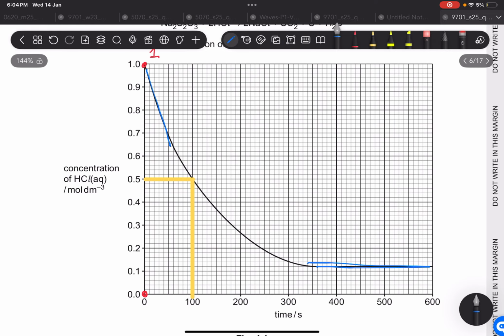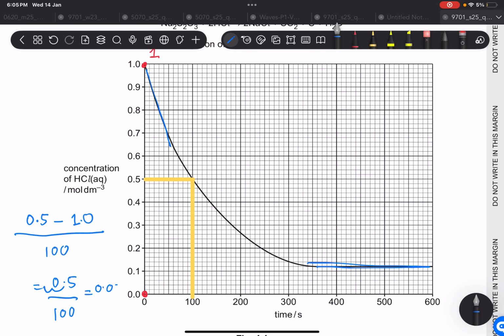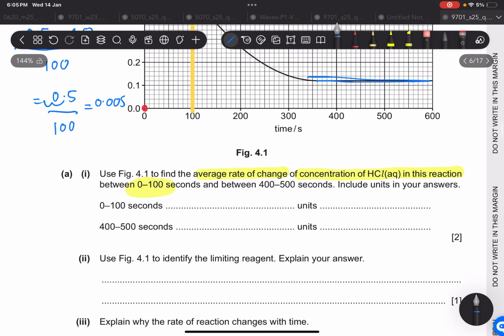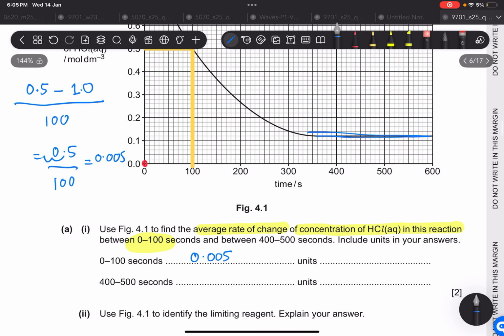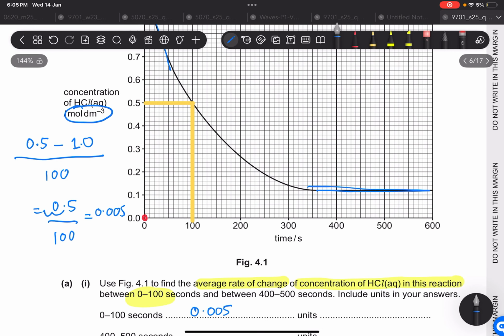So final minus initial, or initial minus final, whatever: 0.5 minus 1.0 is 0.5, divided by time. Time was 100 seconds, so it's 0.5 divided by 100. If I divide 0.5 by 100, I move the decimal 2 places and get 0.005 mole per dm cube second.